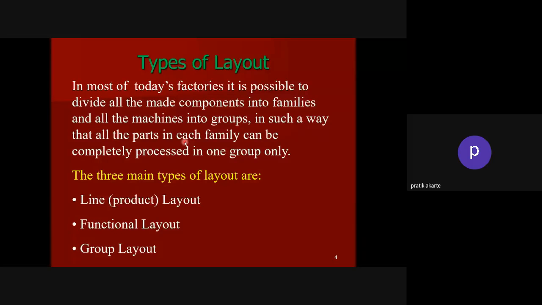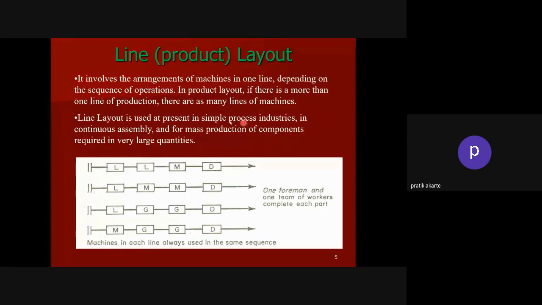Now there are three main types of layouts that we can find in today's factory: the line type or product layout, functional layout, and group layout. These are the three types of layouts we generally observe in today's factory. Let us see one by one, starting with the line type layout.